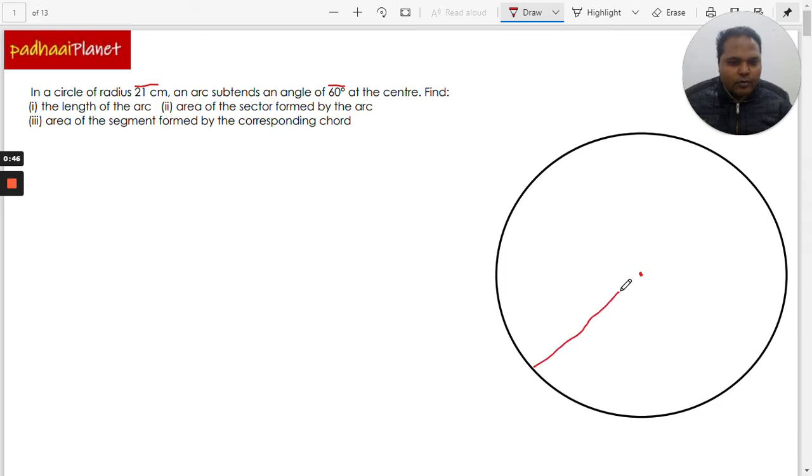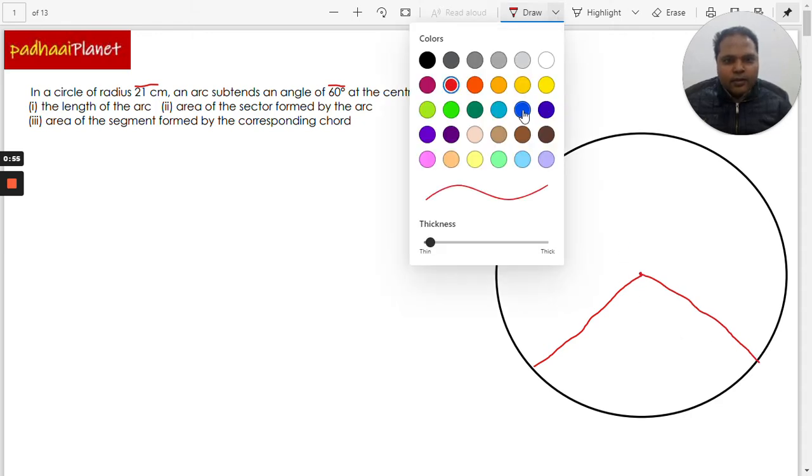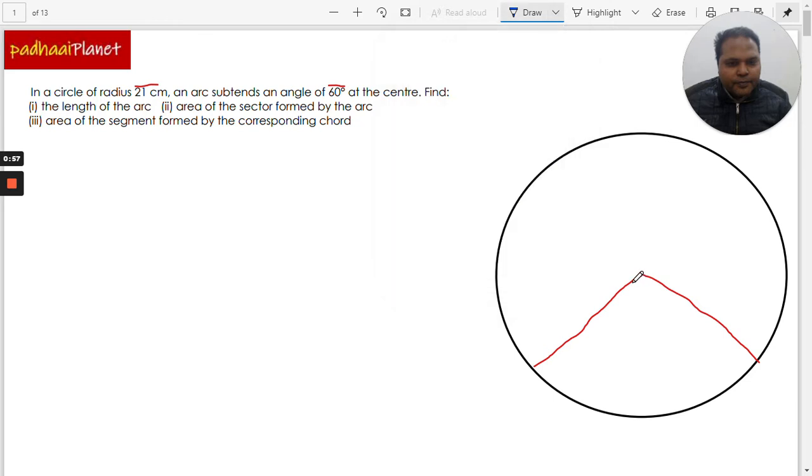So suppose this is one radius and this is the other radius. So that means this angle is 60 degrees, right?